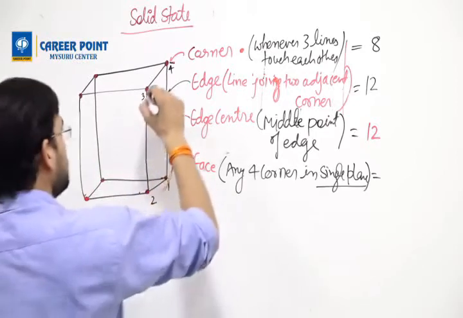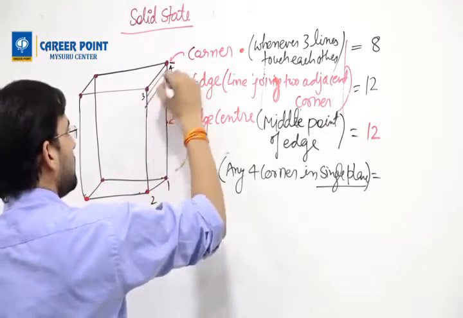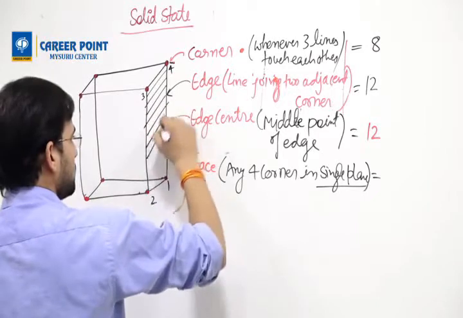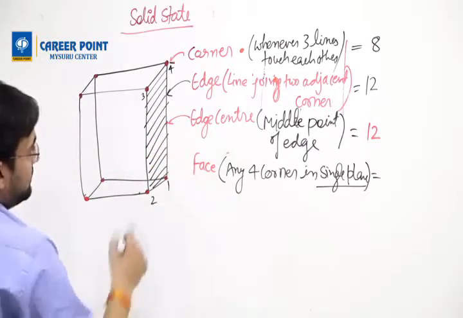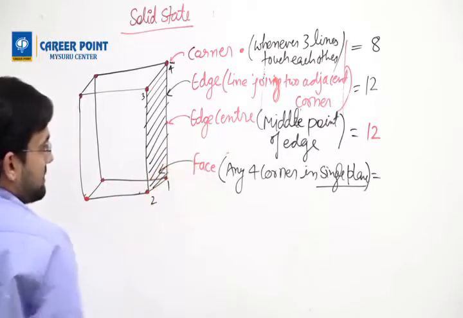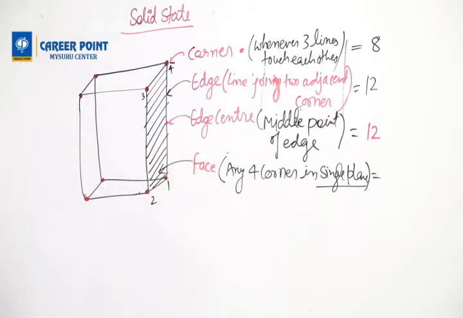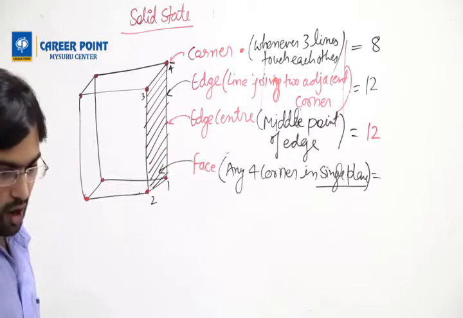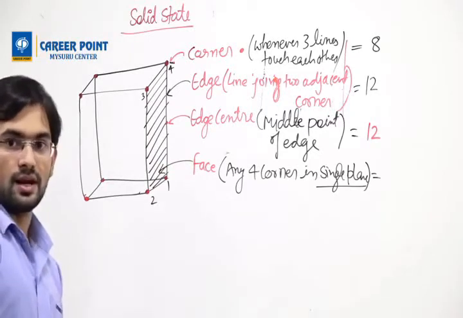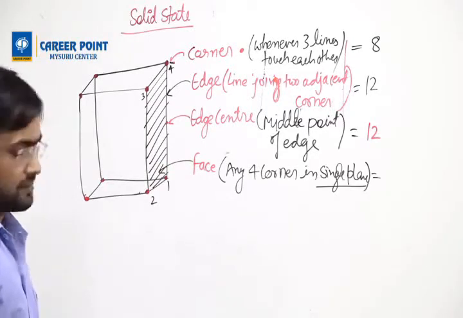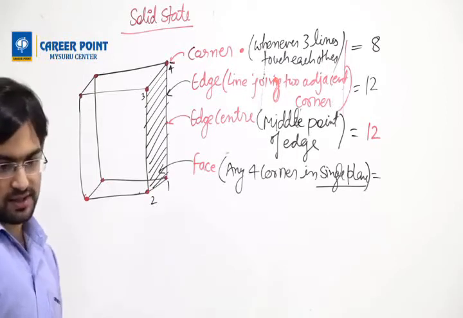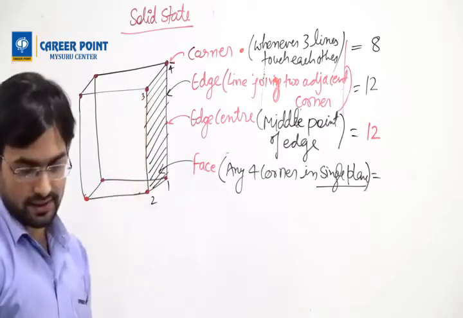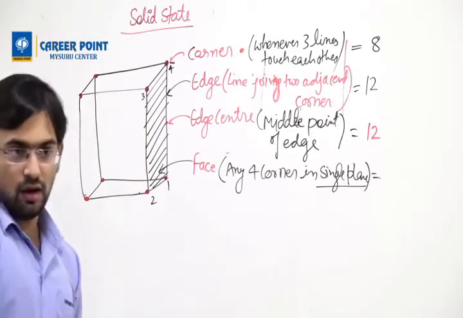So what I do now, I'm going to color it. This becomes a face. So how many faces total? This is one face. This is one face.